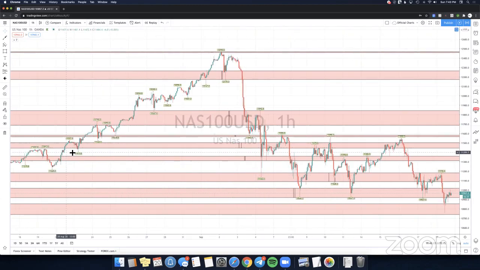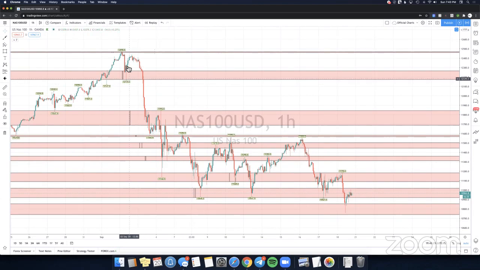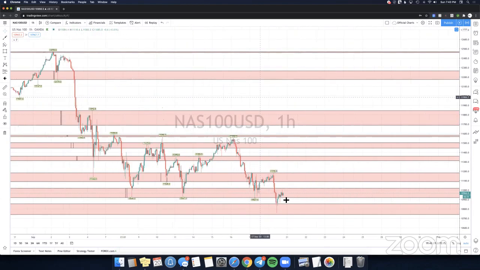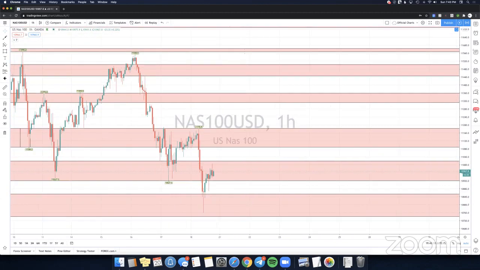So it looks like price came up here, and NASDAQ's been dropping since the beginning of September. It looks like it's hit a bottom right here, actually. It's rejected off this point. And then it's kind of in a tricky point, because what happens here is it's going to come up. Once it gets to this point, it can either break above it, or it can shoot back down and continue downwards.